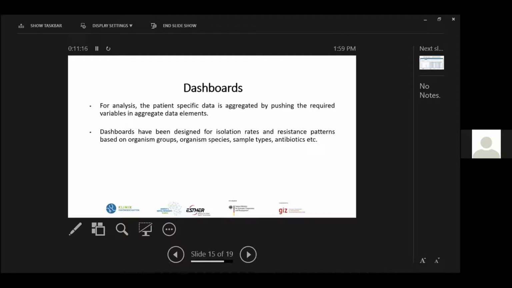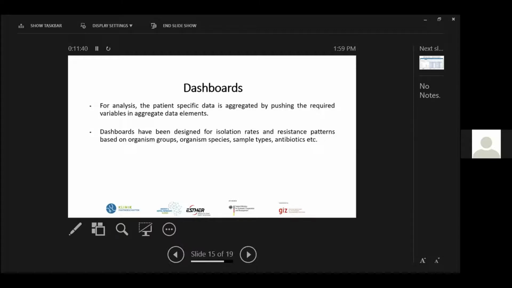So this system also has a dashboard for analysis, and there is specific patient data which is aggregated by pushing the required variables in aggregated data elements. So it is anonymized. Anyone can access it, but usually we preserve this for researchers or for people involved in the hospital leadership.